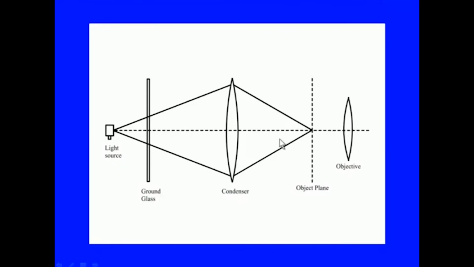Finally, the diffracted and non-diffracted light will enter the objective. So, critical illumination is a simple illumination, but it has now been replaced by Kohler illumination, which is much more intense and precisely controlled as compared to critical illumination.